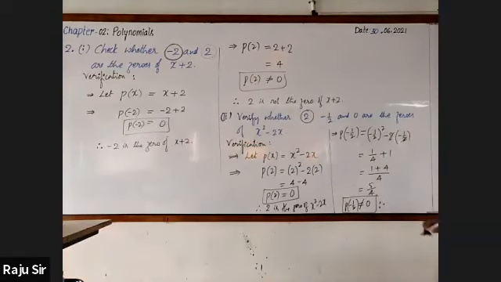Here I'll write the conclusion. Therefore, minus 1 by 2 is not the zero of x square minus 2x.